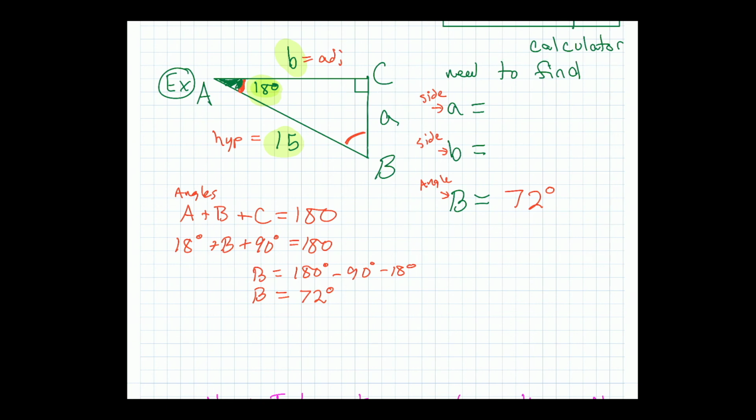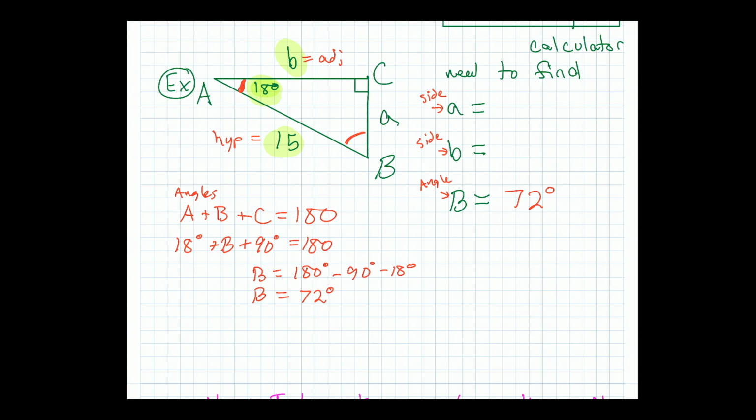But if you were talking about the angle over here, the B, then this would be the opposite side. So it all depends on what angle you're talking about before you can say which side is adjacent and which side is opposite. You just have to know which angle you are referring to.